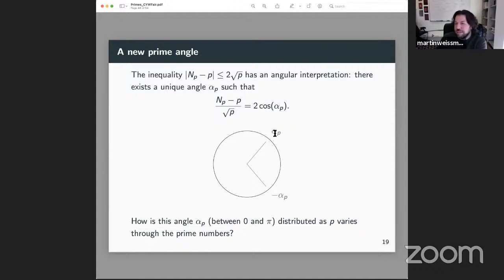So they associate this, and this is kind of a weird idea. They define an angle alpha P to be the arc cosine of the quotient. So I'll put this in chat. Alpha P is equal to the inverse cosine, which is called the arc cosine, of NP minus P all over 2 square root of P.